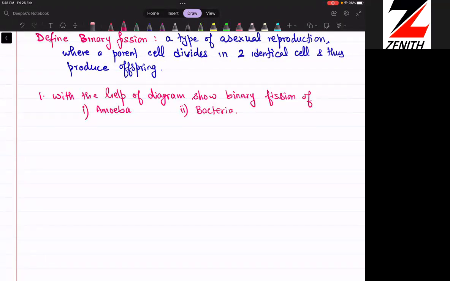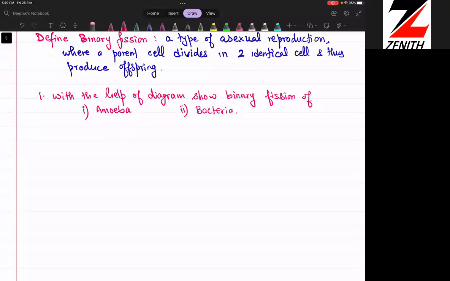भाई अमीबा और बैक्टीरिया दोनों ही बाइनरी फिजन से मल्टीप्लाई कर रहे हैं, बट दोनों का डायग्राम अलग होगा। डायग्राम में क्या चीज, क्या पार्ट अलग होगा? Pseudopodia, non-pseudopodia. नहीं भाई, स्यूडोपोडिया तो तब आएगा जब वो फूड के लिए है, न्यूट्रिशन इन एनिमल्स, उसमें डिफरेंसेस आएंगे। रिप्रोडक्शन की बात करेंगे तो स्यूडोपोडिया has no role to play.